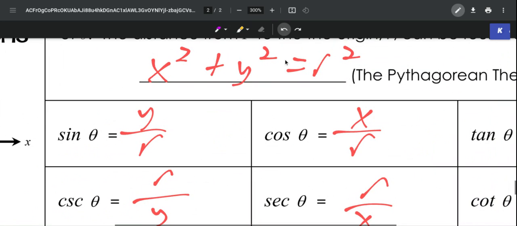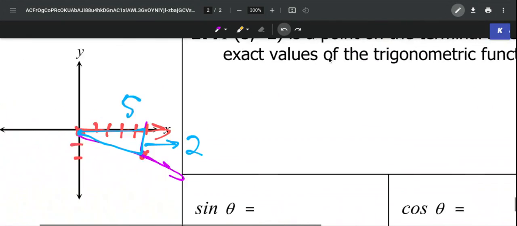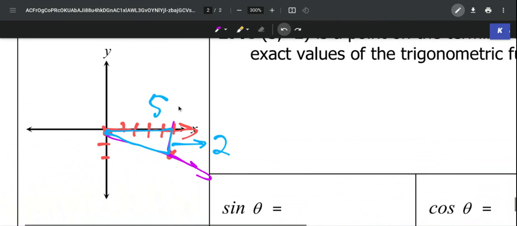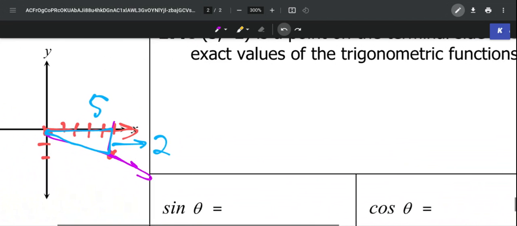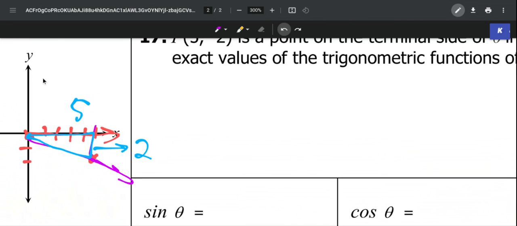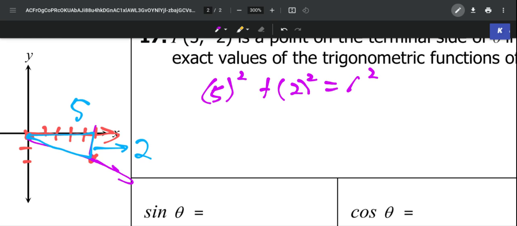We're going to figure that out by using x squared plus y squared is equal to r squared. So we actually may not even have had to have drawn that. I just drew it so you could see it. So x squared is going to be 5. So 5 squared plus 2 squared is going to equal r squared.